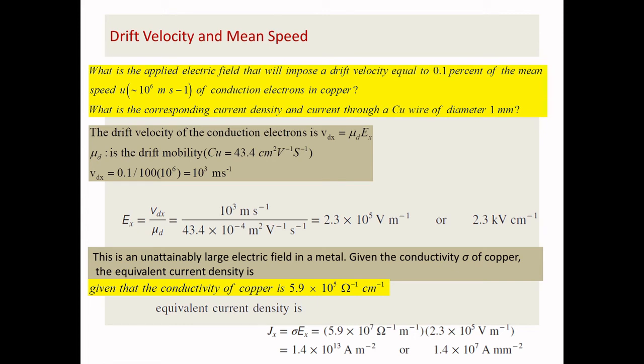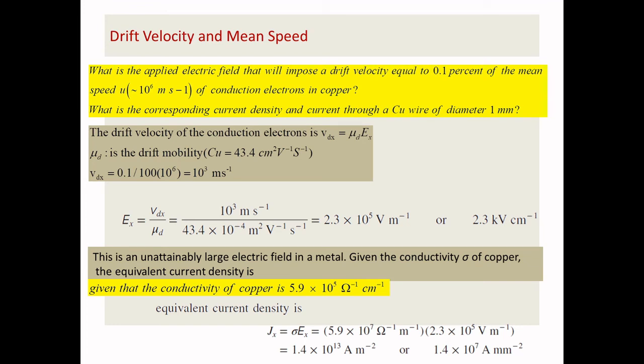That means 0.1 divided by 100 into 10 to the 6. The mean speed is 10 to the 6. You multiply, so we will get 10 to the power 3 meter per second.